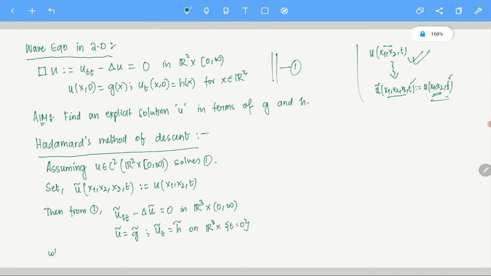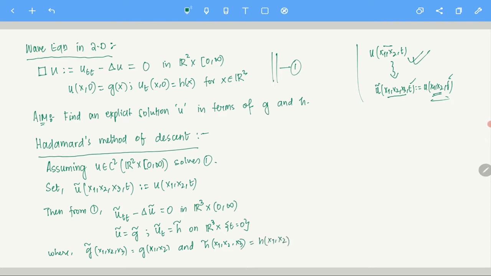Where what is g tilde? Again the same thing. g tilde of x1, x2, x3, we are going to define as g of x1, x2, and h tilde of x1, x2, x3, I am going to define as h of x1, x2.